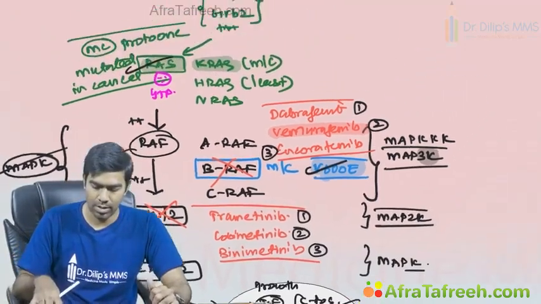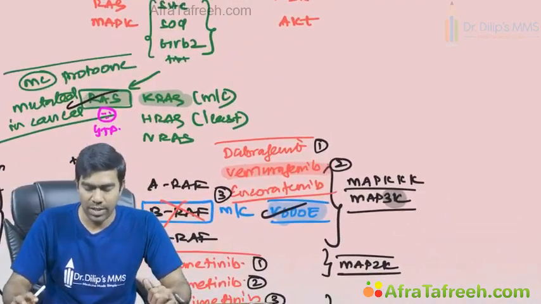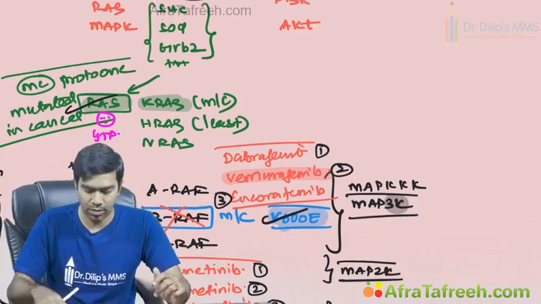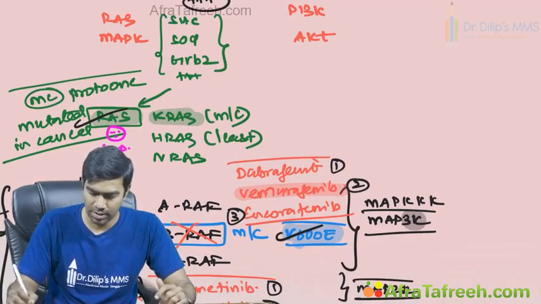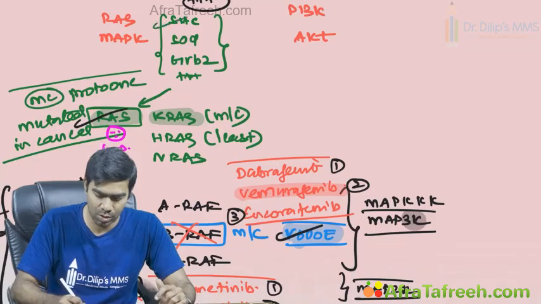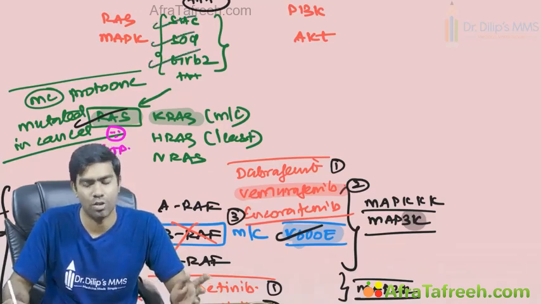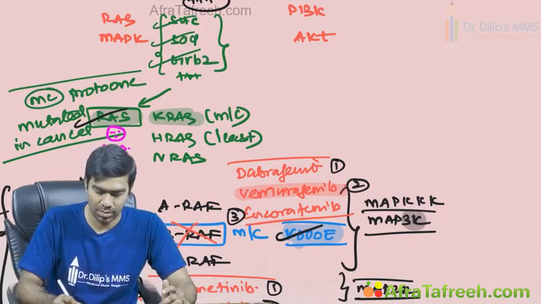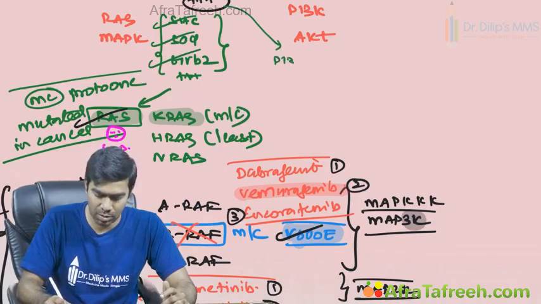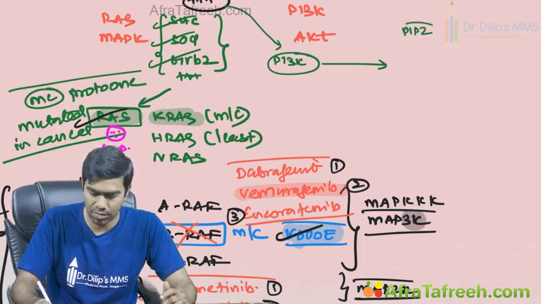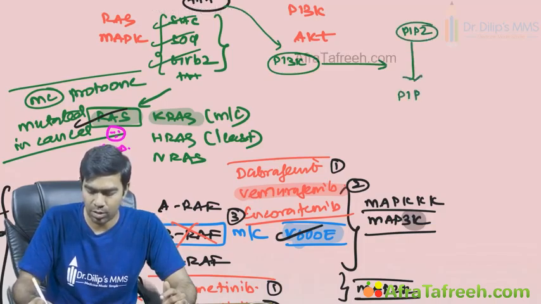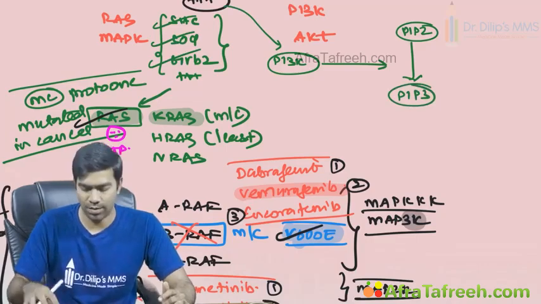Fine, alright. Similarly, you have the PI3K and AKT pathway also. What do you mean by this PI3K AKT pathway? I can write here. PI3K means initially this activation, like how I have activated SHC, SOS and GRB2 proteins. Similarly, here I can activate the PI3K molecule. This PI3K molecule will help in the conversion of PIP2 to PIP3, that's called phosphatidylinositol triphosphate.